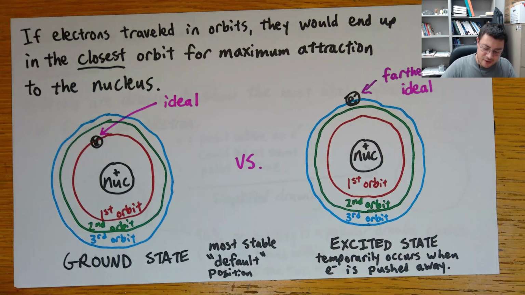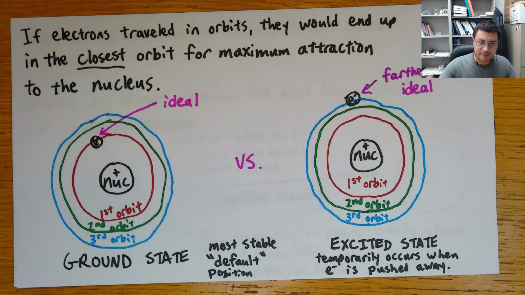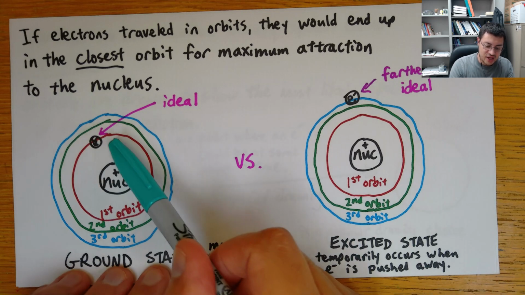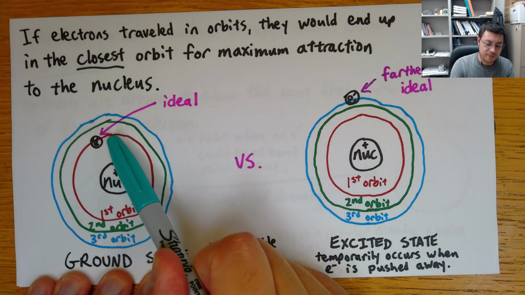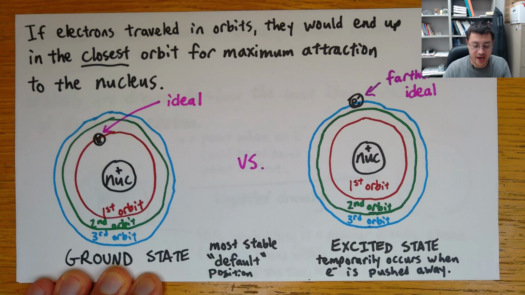Now, we're trying to form a physical picture of how electrons are arranged on an atom. In an earlier video, I talked about the Bohr model. So in the Bohr model, you imagine electrons moving around as planets go around the sun, and you would maybe call them orbits. So if electrons had to travel in orbits, hopefully it stands to logic that it would be in the closest orbit possible so that it is as attracted to the nucleus as it can be.